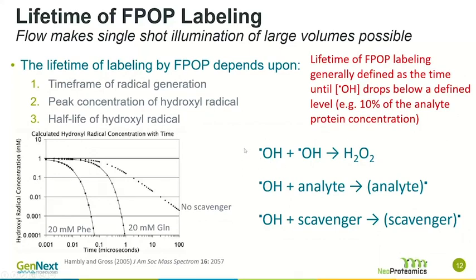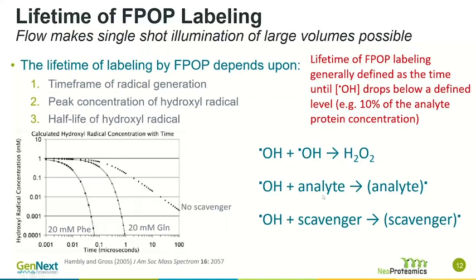That means that as we make more radical, we're going to increase the amount of hydroxyl radical consumed by recombination faster than we increase the amount consumed by other pathways. So you don't have a nice direct proportional correlation between how much radical you make and how much radical attacks your analyte, because the amount that you lose to recombination goes up as the square of the concentration.